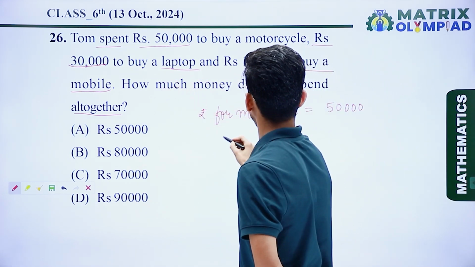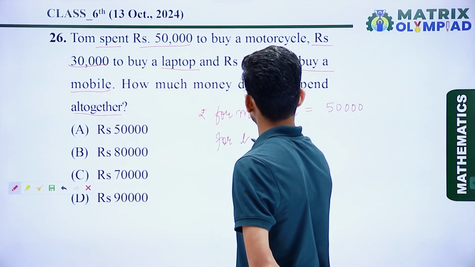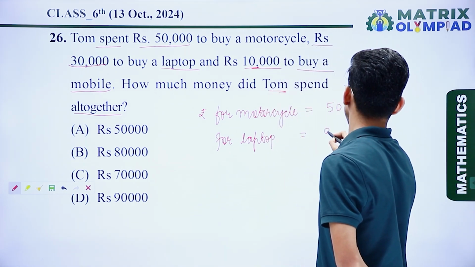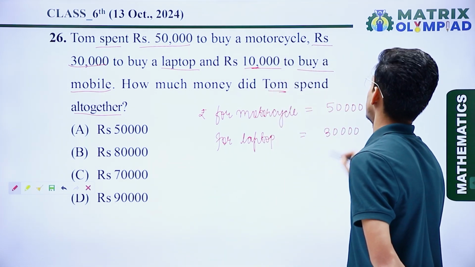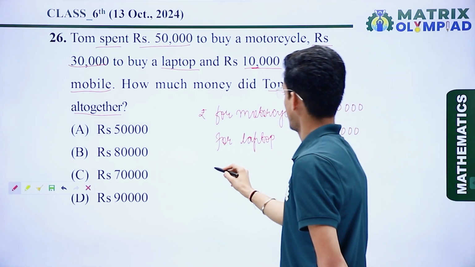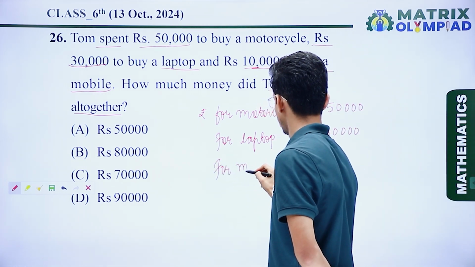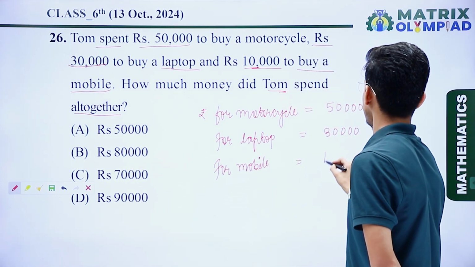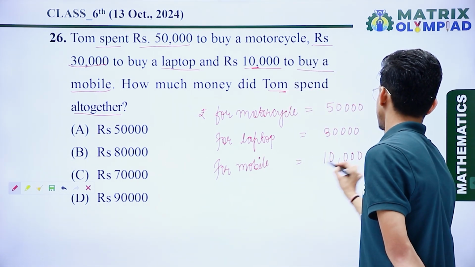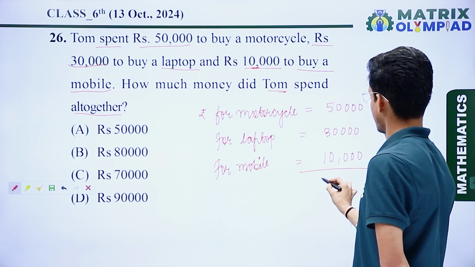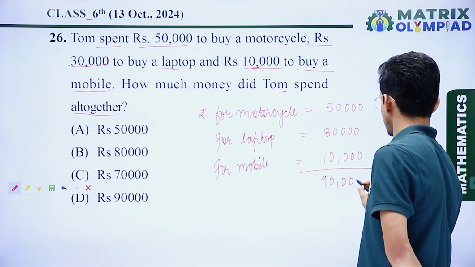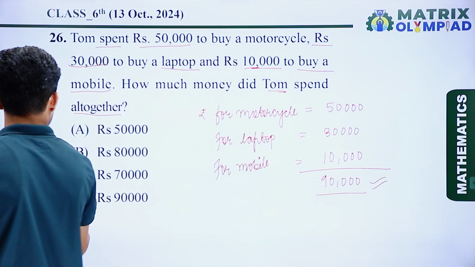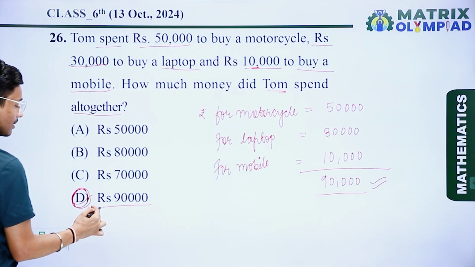Again for the laptop, that is rupees 30,000. And for the mobile, that is 10,000. Now if I add all these numbers, here I get 90,000. So check which option is correct. So here option number D is the correct answer, 90,000.